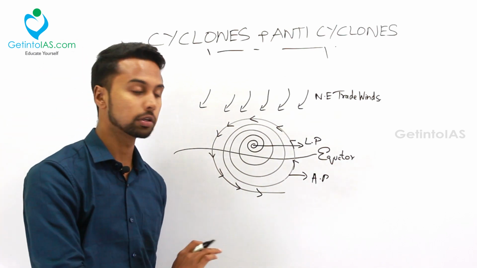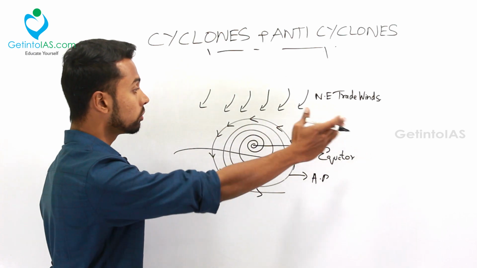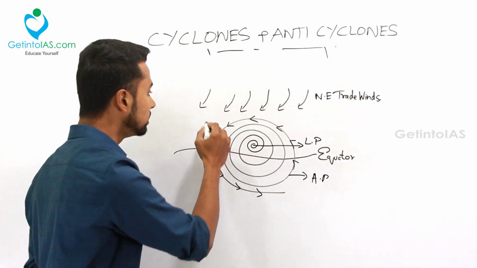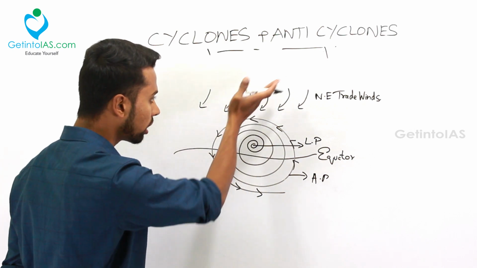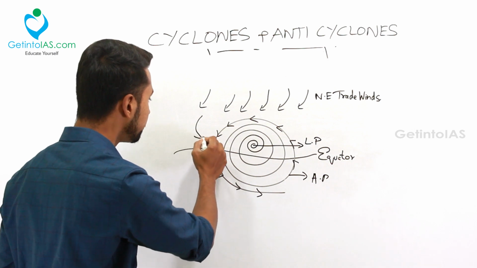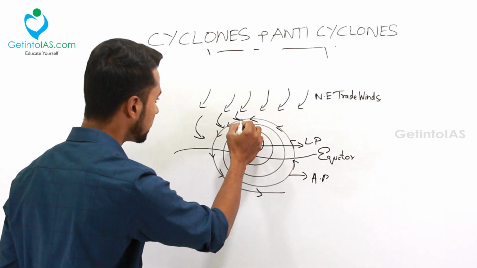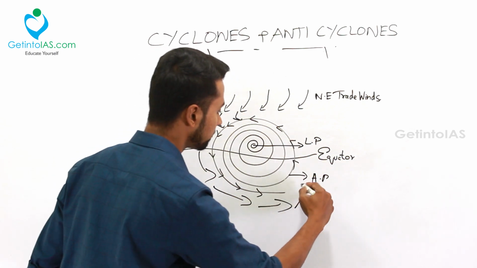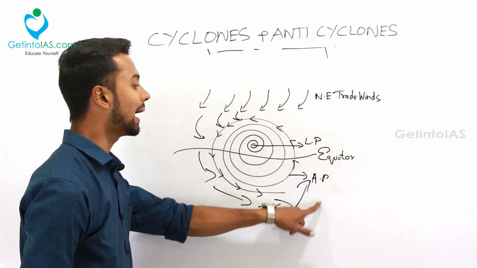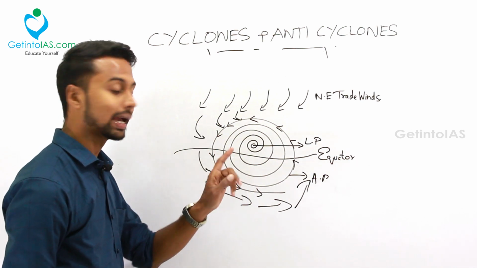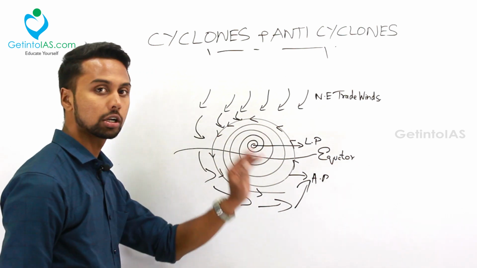We are studying the northern hemisphere, so the wind gets deflected towards its right, this side. So the wind coming from the northeast will bend its direction this way. All these winds will go in this direction and join the cyclone. That's why it becomes anti-clockwise. In the northern hemisphere, the cyclone becomes anti-clockwise because of the Coriolis force.